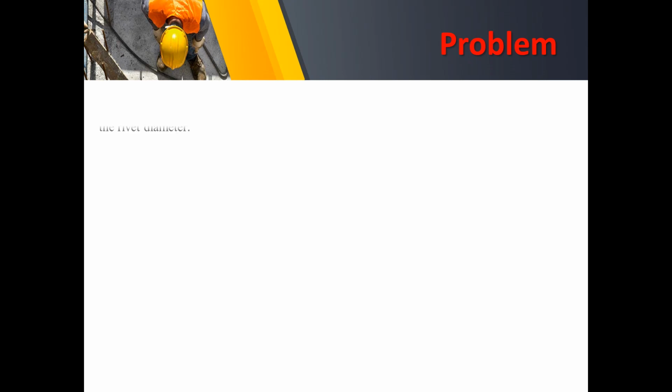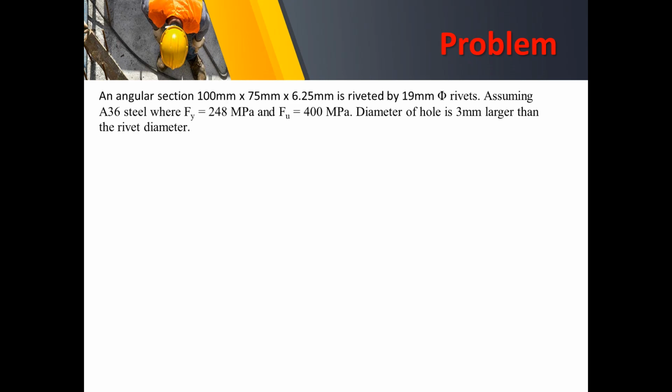So moving on to the next problem. In here we have an angular section, 100 mm by 75 mm by 6.25 millimeters. It is connected by 19 millimeter diameter rivets, assuming A36 steel where Fy is 248 megapascals and Fu is 400 megapascals.